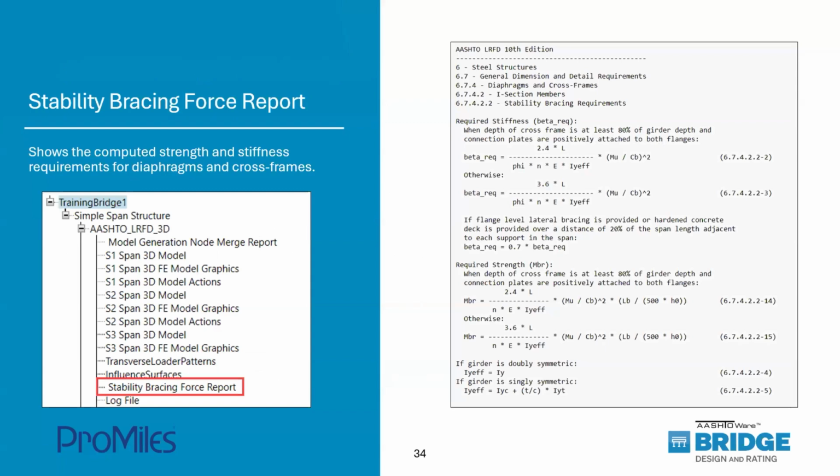Evaluation of the bracing stability requirements is performed in 2 steps. First is going to be determination of the strength and stiffness requirements, and then second is a comparison with the actual bracing strength and actual stiffness.